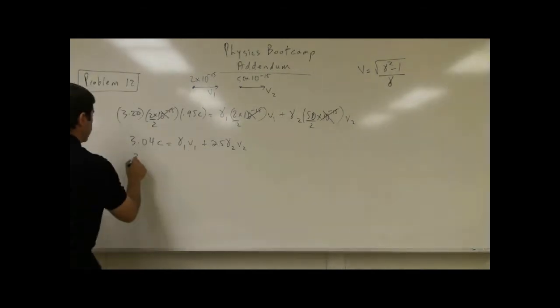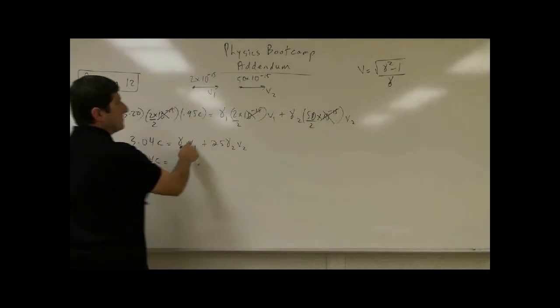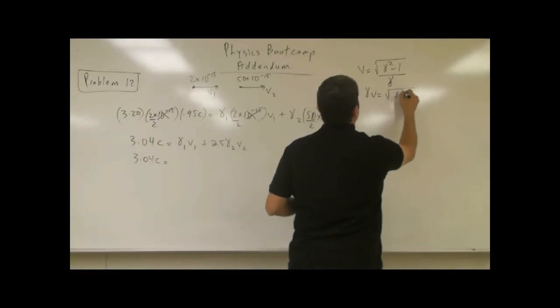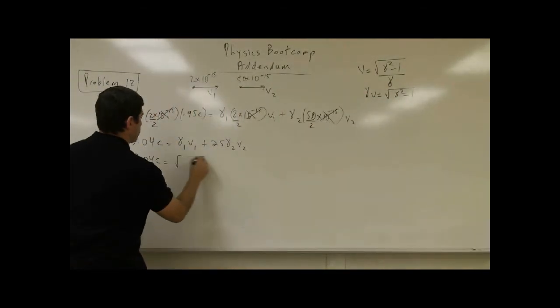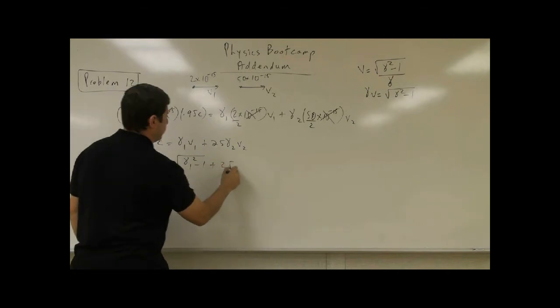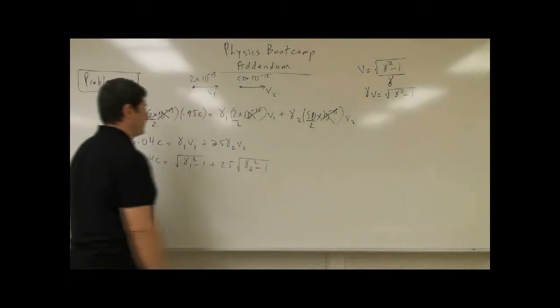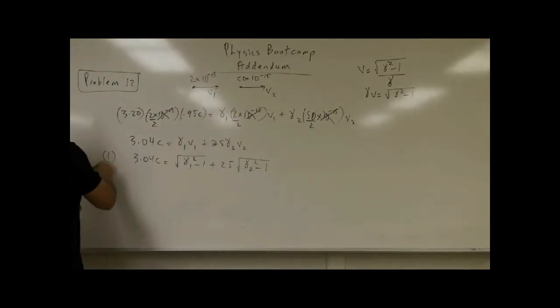So we basically will have 3.04c. If you multiply gamma times v, what do you get? Gamma times v, we have square root of gamma squared minus 1. So you only have one unknown variable. So this one will be square root of gamma 1 squared minus 1 plus 25 square root of gamma 2 squared minus 1. Okay, so now we have one equation, right?